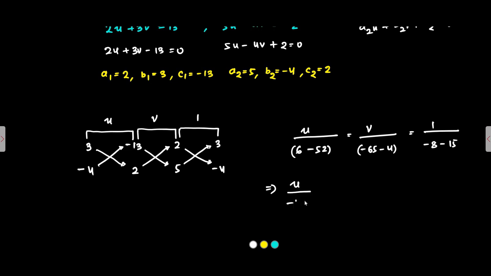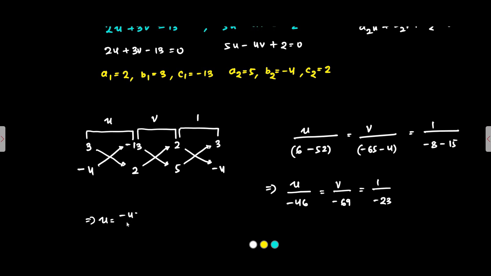So that implies u by -46 is equal to v by -69 is equal to 1 by -23.